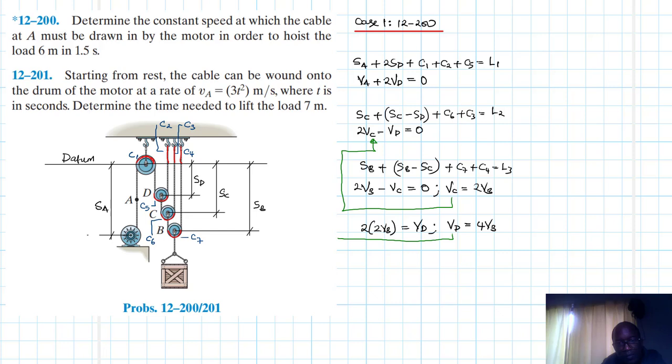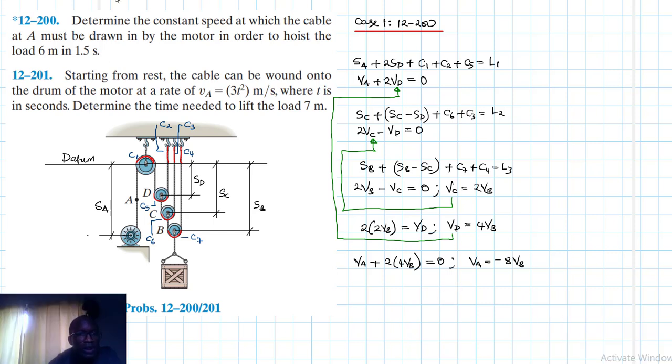Then we have VA plus 2 times 4VB equal to 0, and therefore VA is equal to minus 8VB.